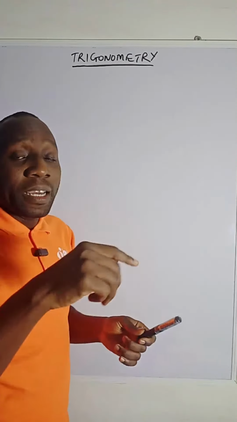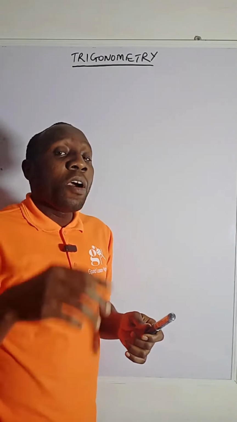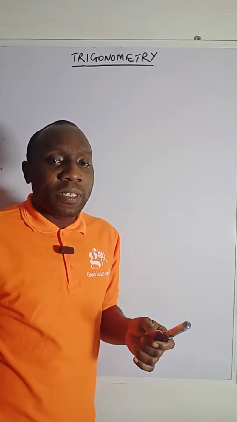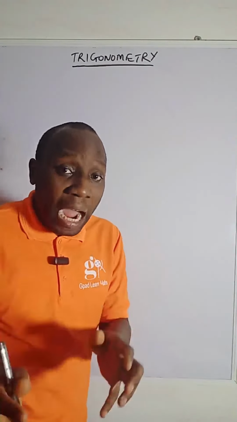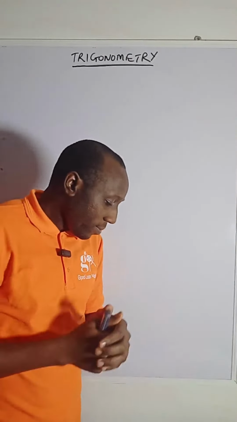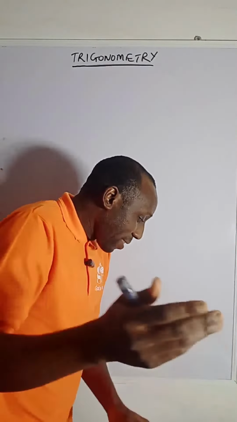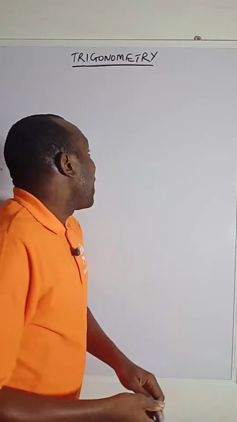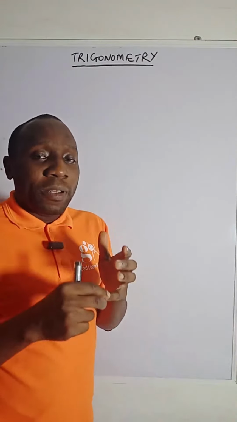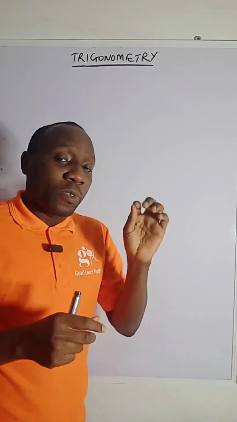So even if you have tan in bracket a plus b, or sine a minus b, that's what we refer to as compound angles. In the last lesson, we talked about the compound angles for sine and for cos.